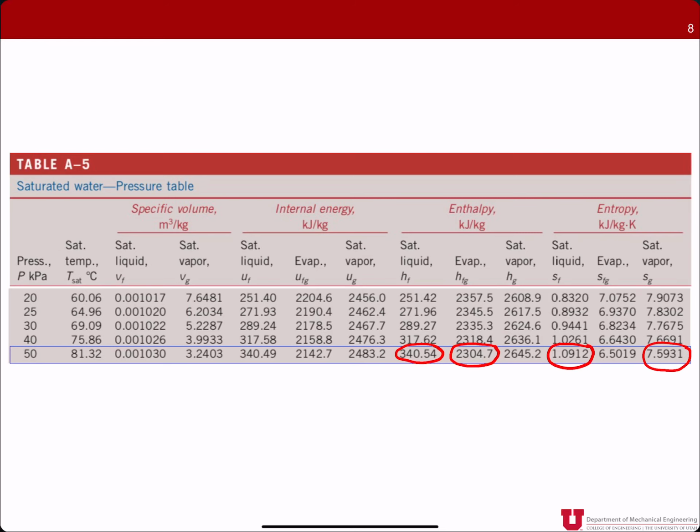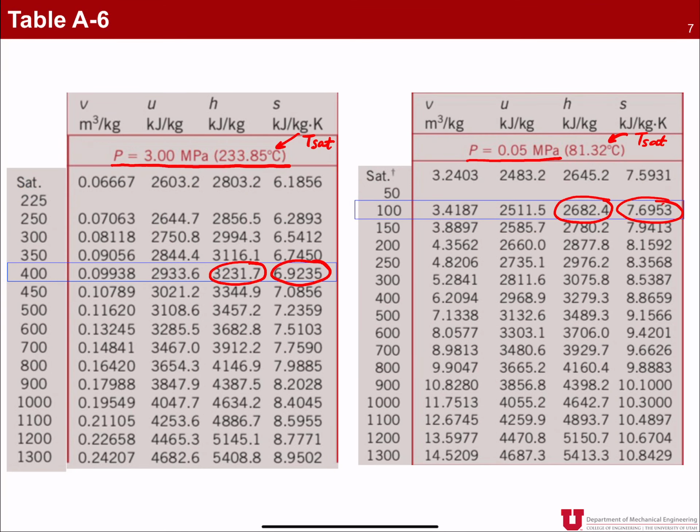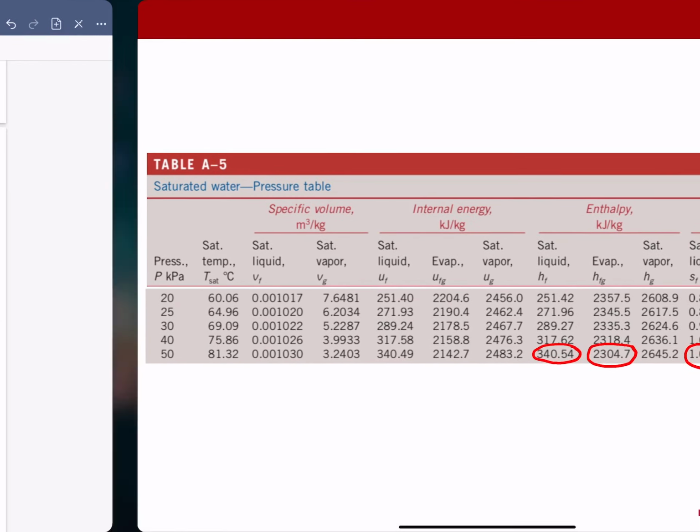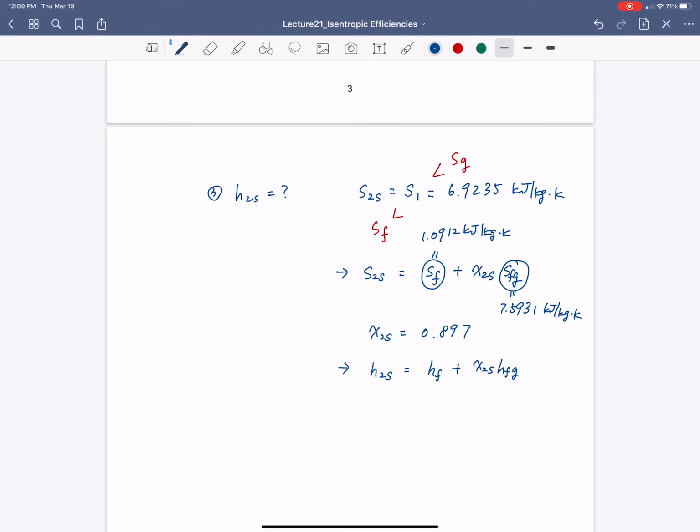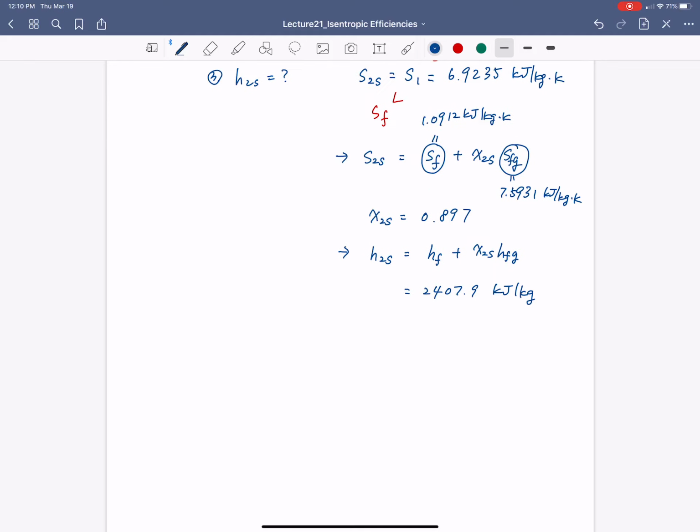So from those two values, we can calculate the enthalpy to be 2407.9 kilojoule per kilogram. So we know everything. We know all enthalpy values that are needed to calculate the turbine efficiency. So by using those numbers, now we know that is 0.667, or in percentage 66.7%.